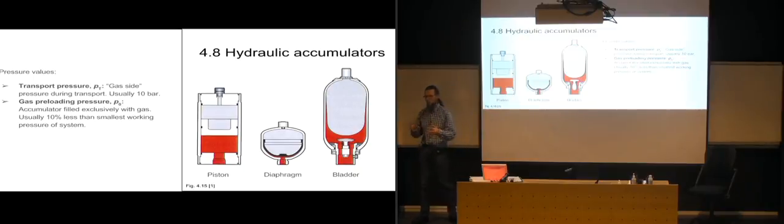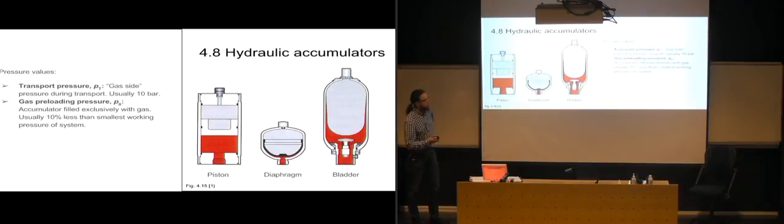That is because you don't want your accumulator to be able to push everything back, no matter if your pump is delivering the smallest working pressure in your system. You don't want nothing to be compressed in here, because you have a higher pressure inside the gas than the hydraulic fluid that's entering the accumulator. So you want the pressure of the gas to be lower than the smallest working pressure of the system, or else the pump basically won't be able to fill the accumulator.